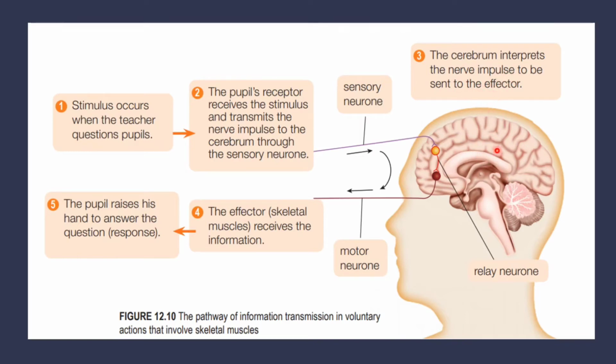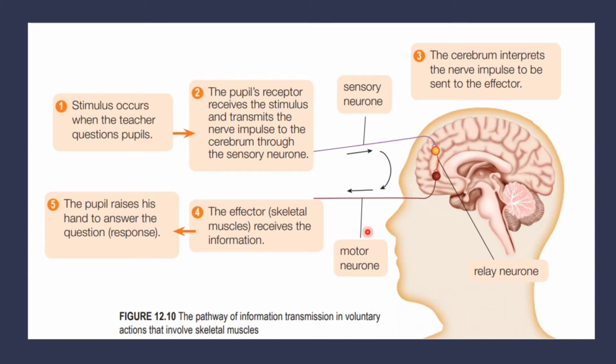As you can see from this figure, it involves a relay neuron. This relay neuron sends nerve impulses from the sensory neuron to the central nervous system, which is the brain, and from the central nervous system to the motor neuron.